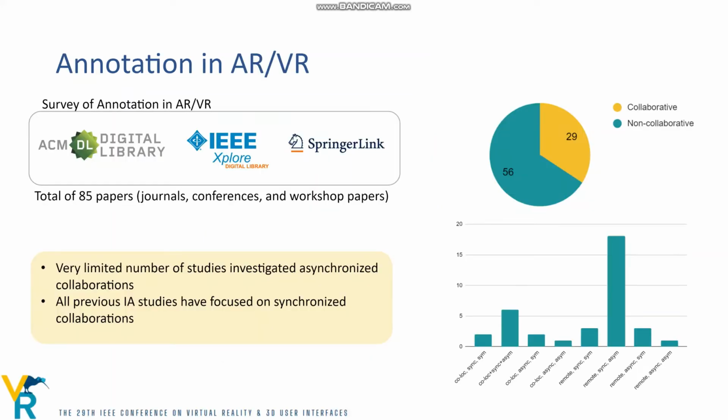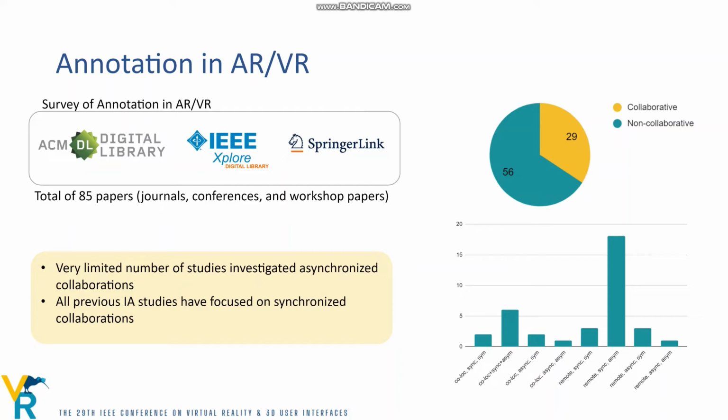To have a better understanding of annotation in AR/VR, we surveyed a total of 85 papers from ACM Digital Library, IEEE Xplore, and SpringerLink. Here you can see 29 papers out of 85 were collaborative, and the bar plot shows the distribution of the surveyed papers based on their collaboration type.